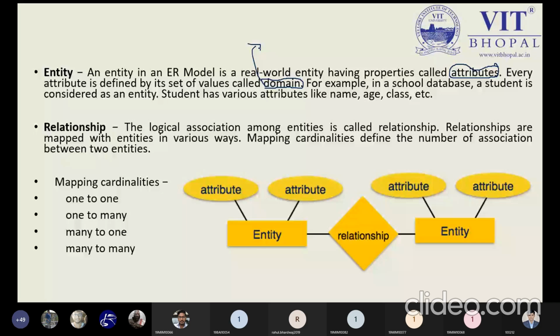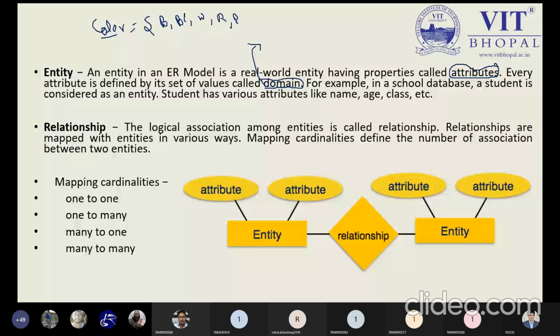So what is the domain of the color column name or color attribute? Black, white. Okay, so I can write. Suppose I am talking about the color. This color is my column name. So I can write the set of values: black, blue, white, red, pink, yellow.